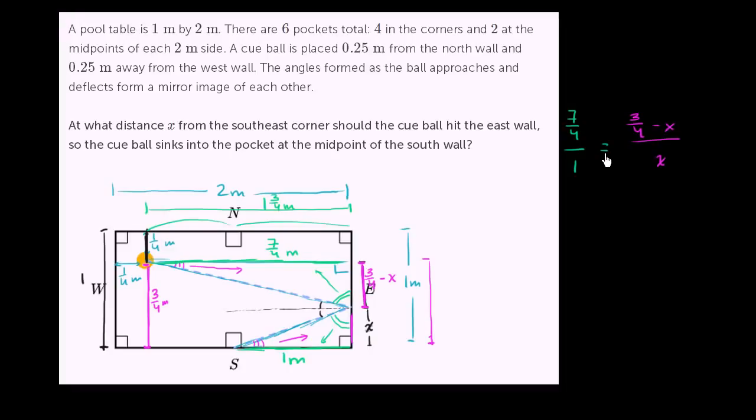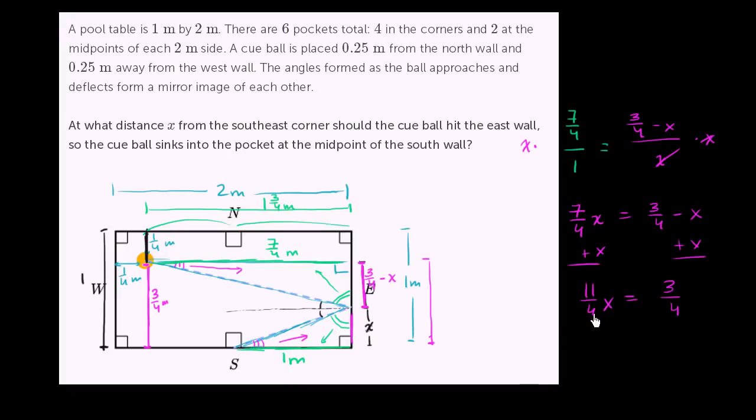So let's now just solve for x. If we multiply both sides of this by x, on the left-hand side we end up with 7/4 x. And on the right-hand side we're left with 3/4 minus x. Now we can add an x to both sides, so 7/4 x plus another 4/4 x is going to give us 11/4 x is equal to 3/4.